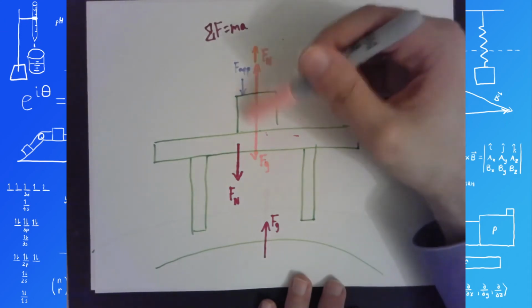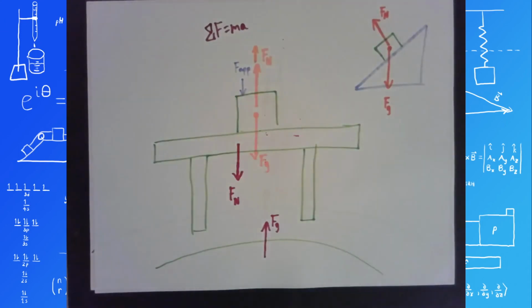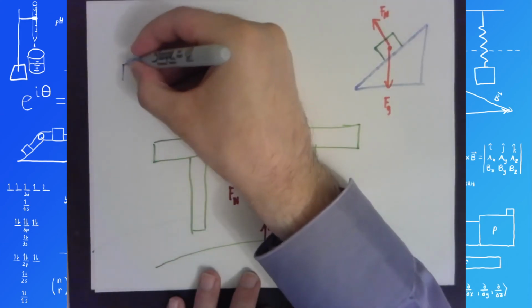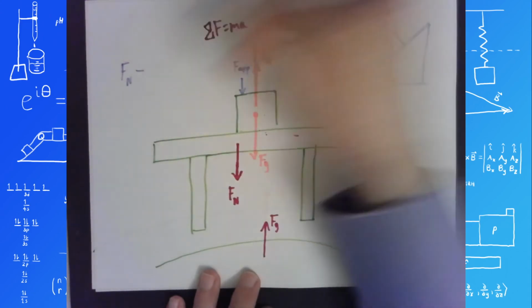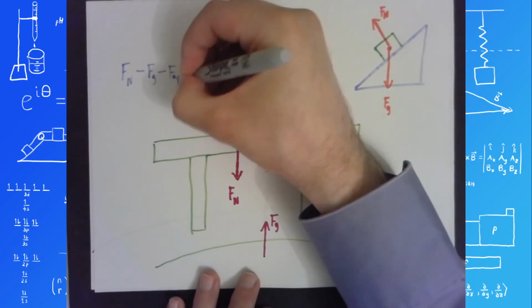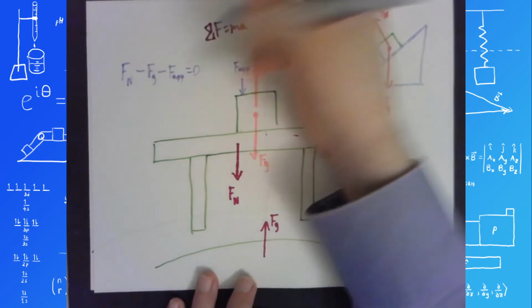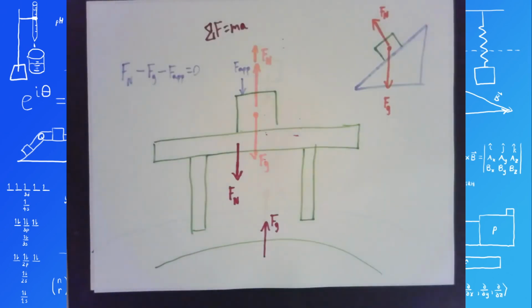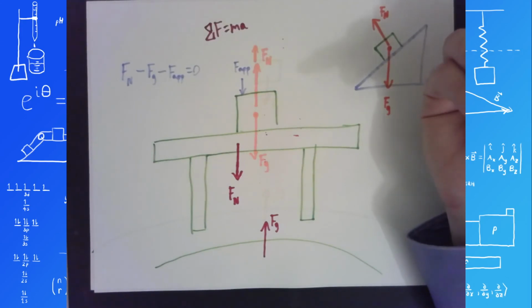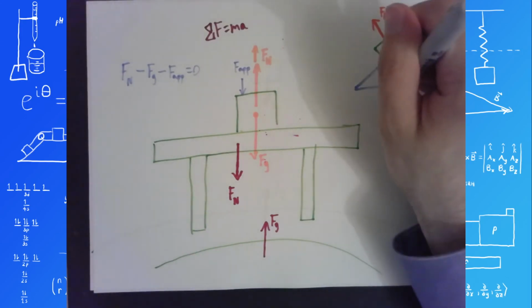If the block is not accelerating up or down, then the upward forces must be balanced with the downward forces. So forces up, which is only the normal force, minus forces down, the gravitational force and the applied force, have to be 0, which means the magnitude of the normal force has to equal the sum of the magnitudes of the gravitational force and the applied force. And there you have it.